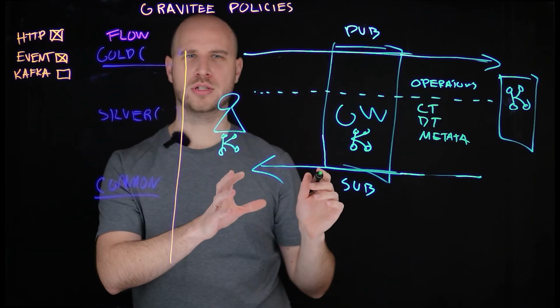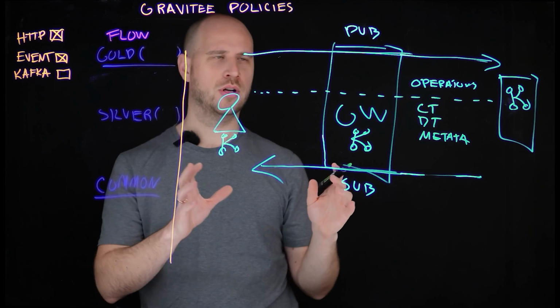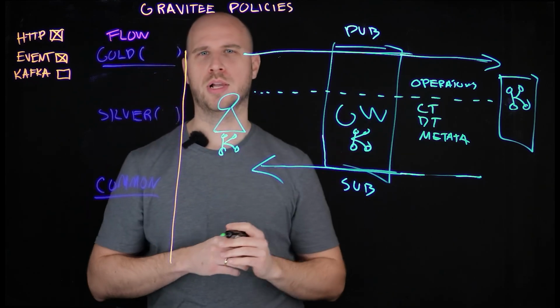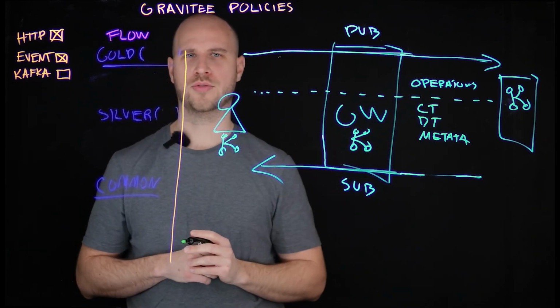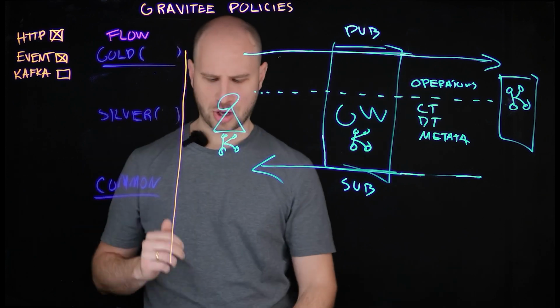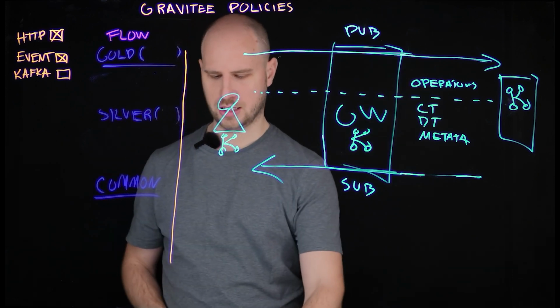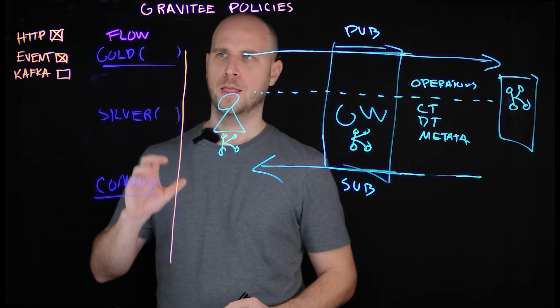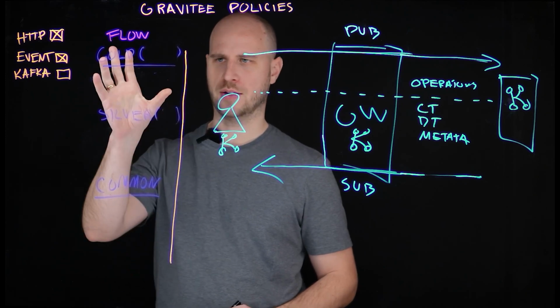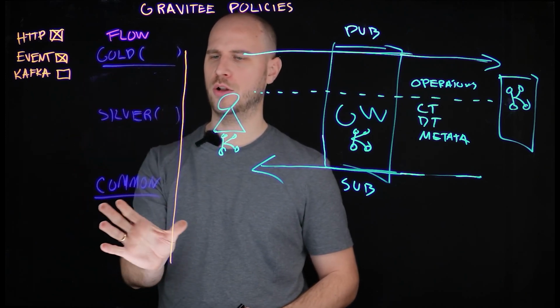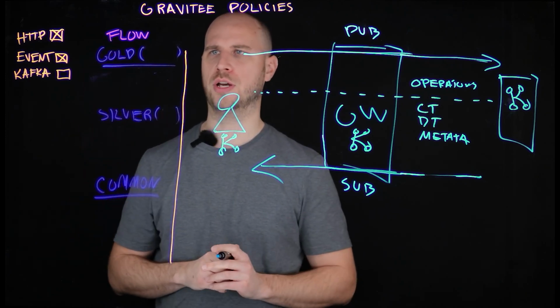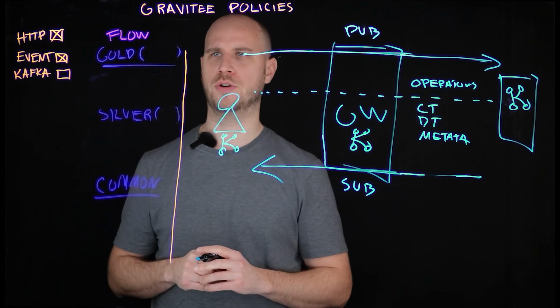Again, Gravitee policies in our Policy Studio with flows can be applied to the native Kafka protocol. So we have very similar concepts here in the sense of flows. We can have gold plans, we can have silver plans, we can have common flows applied to any traffic regardless of the plan used to authenticate.